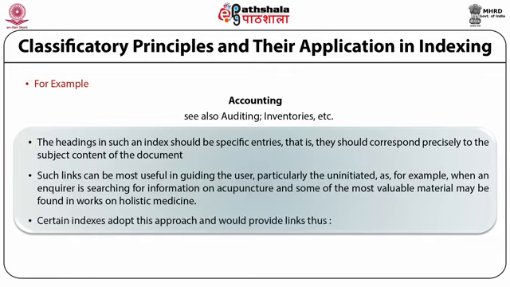Then certain indexes adopt this approach and would provide a link, thus acupuncture, see also holistic medicine. That means that we have guided the users to the wider or related area of holistic medicine, which also includes acupuncture.